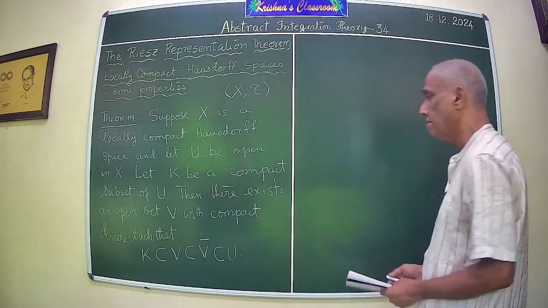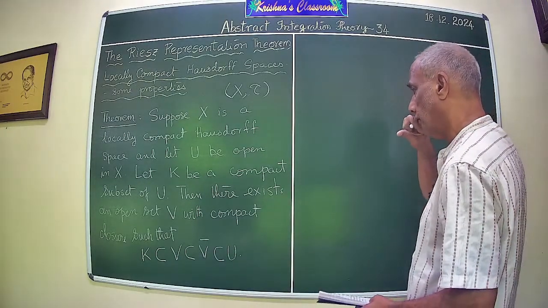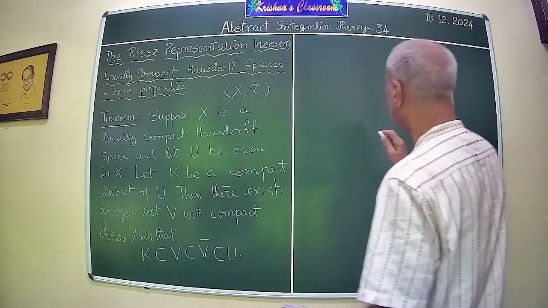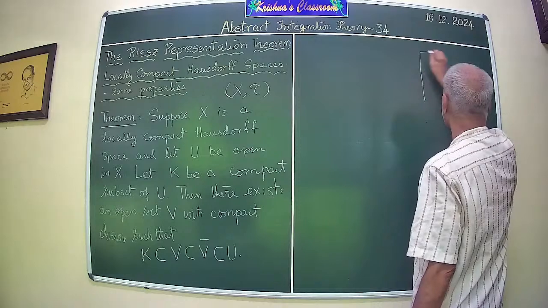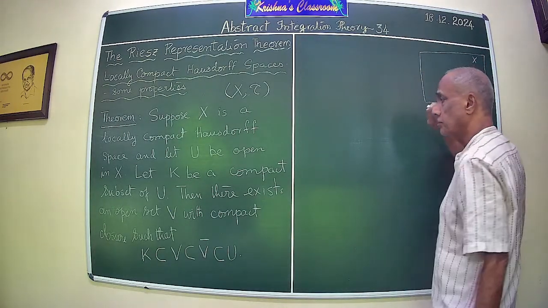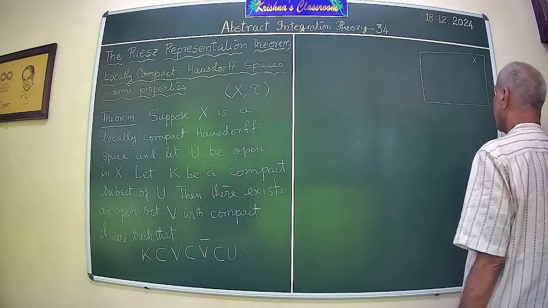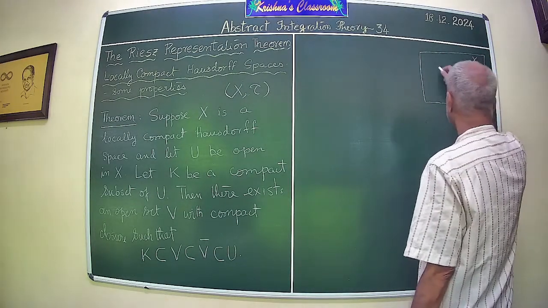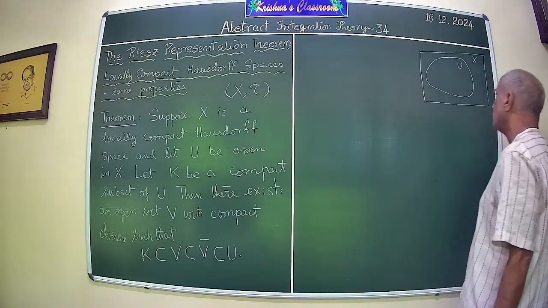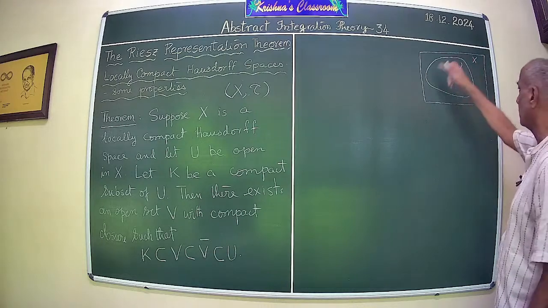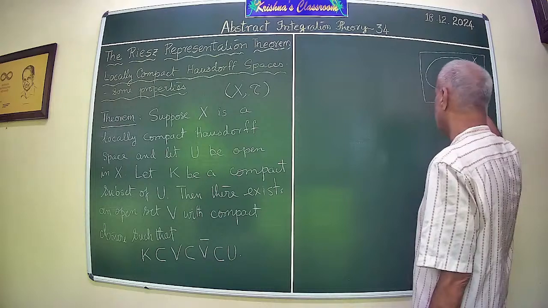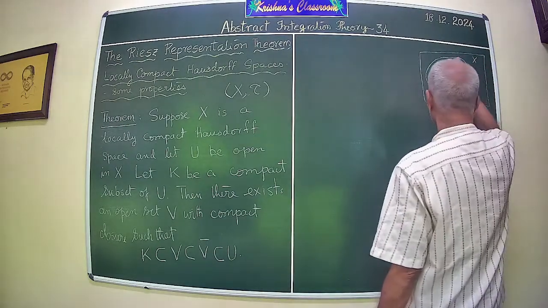The Venn diagram representation would be, so you have a topological space X, which is assumed to be locally compact and Hausdorff. So you have a certain open set. It need not be something bounded, but this is just schematically how I am representing it. This is open.